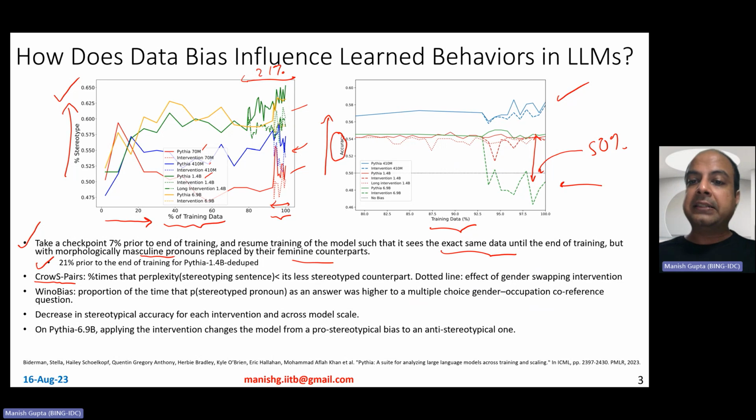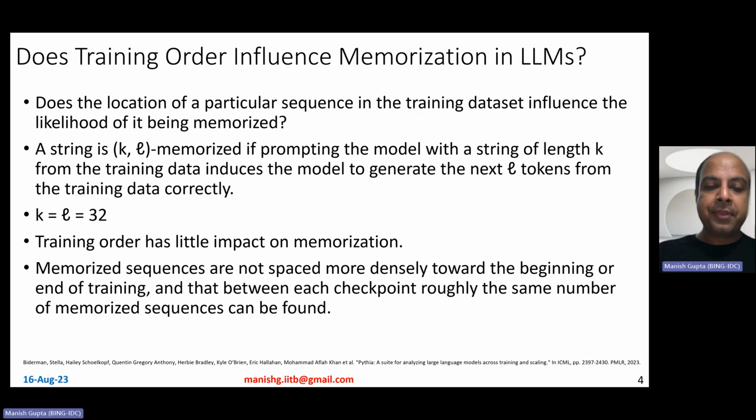So the takeaway is that while pre-training the models, if you use bias-sensitive data, in the sense of data where a bias intervention has been applied, then there's a good likelihood that the model you train is going to be reasonably good. I mean, it is going to have less social bias.